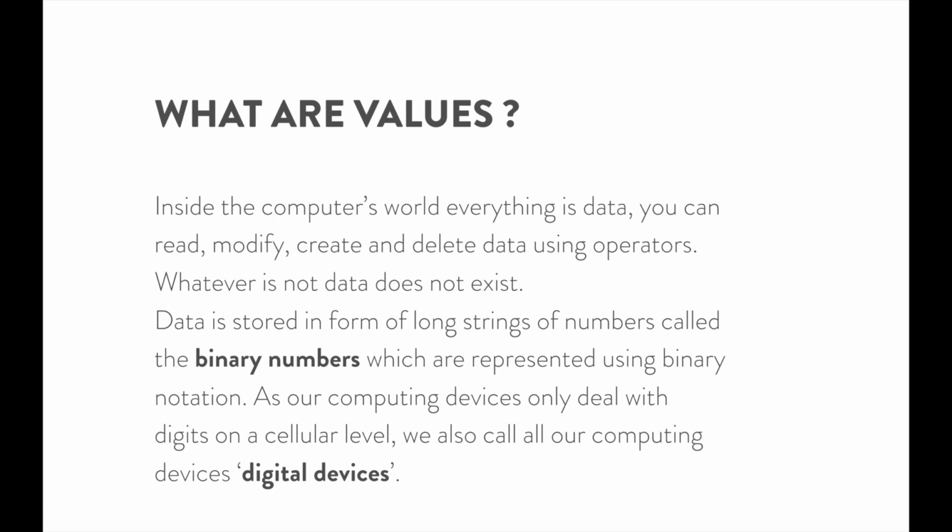Whatever is not data does not exist at all inside a computer. Data is stored in the form of long strings of numbers called binary numbers, which are represented using binary notation. As our computing devices only deal with digits on a cellular level, we also call our computing devices digital devices. I hope that makes a lot of sense now.